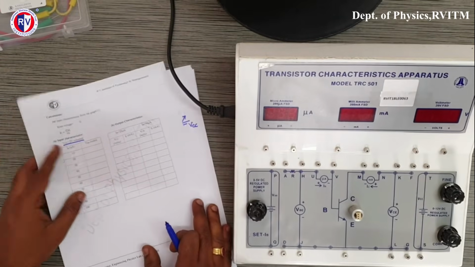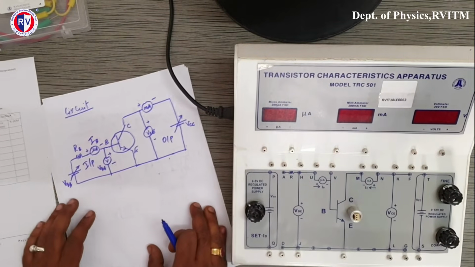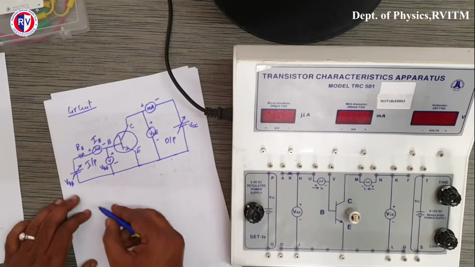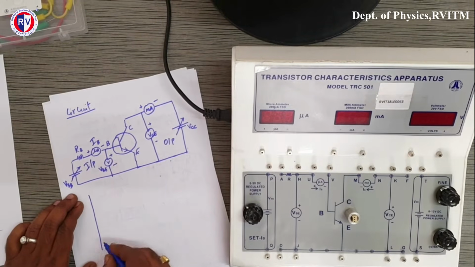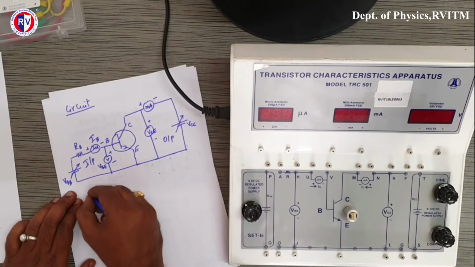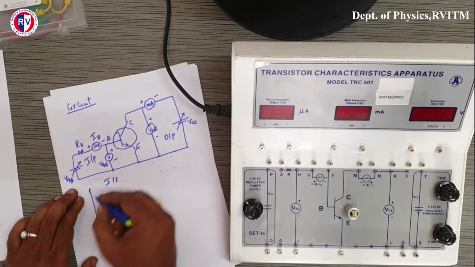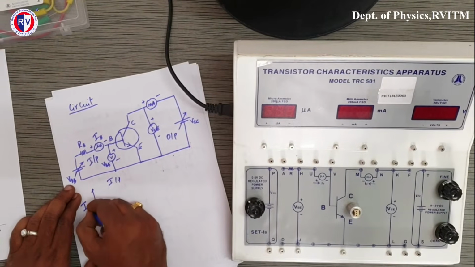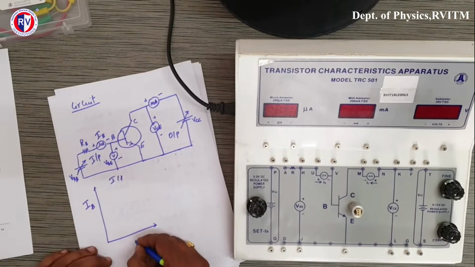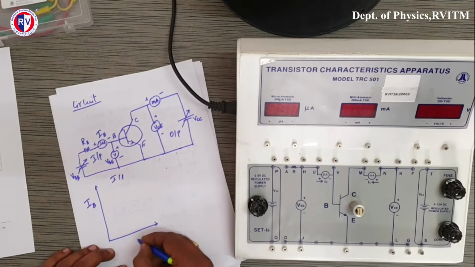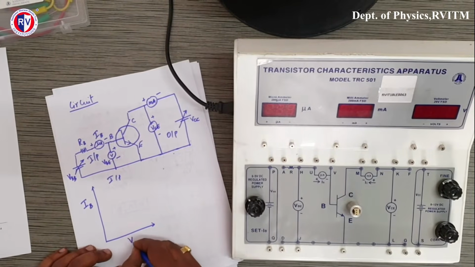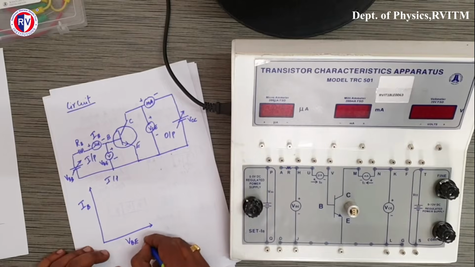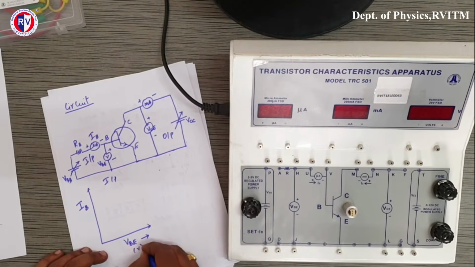So when we plot the input curve, it should look like this. This is the expected graph, okay. For the input, IB is plotted along the y axis in microampere and VBE along the x axis in volts.